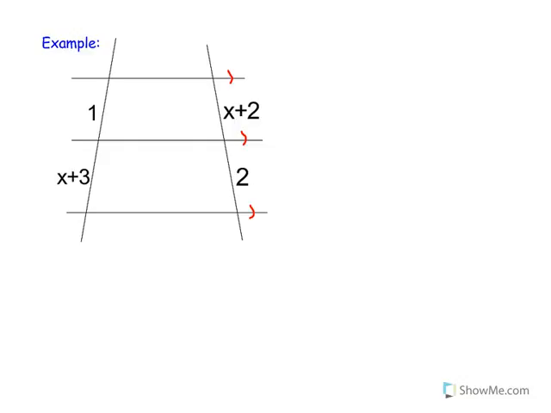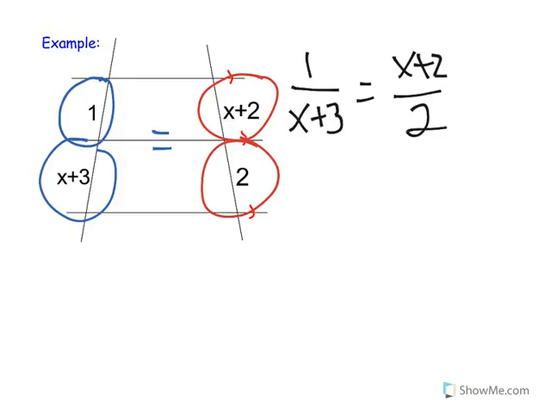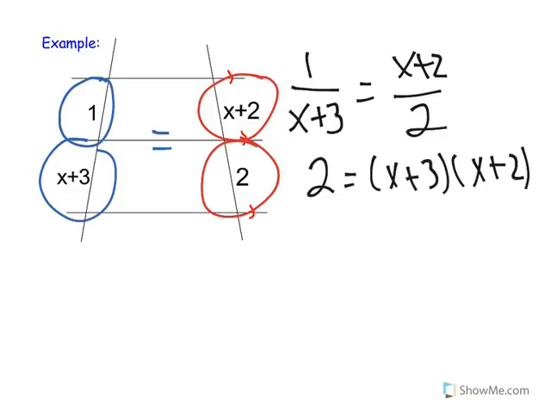Okay, so let's look at some numbers. This is going to work the same way as side splitter. Part over part has to equal part over part. So 1 over x plus 3 has to equal x plus 2 over 2. Cross multiply, making sure that you FOIL.